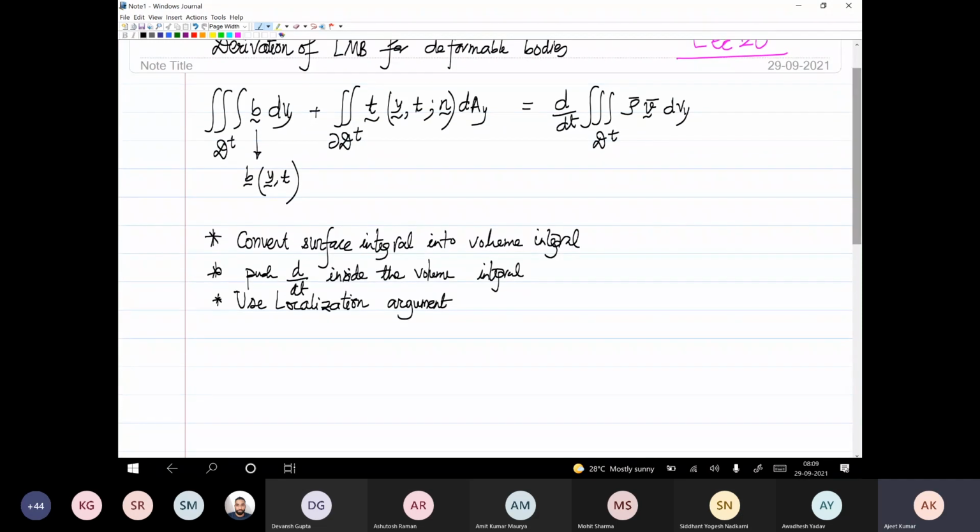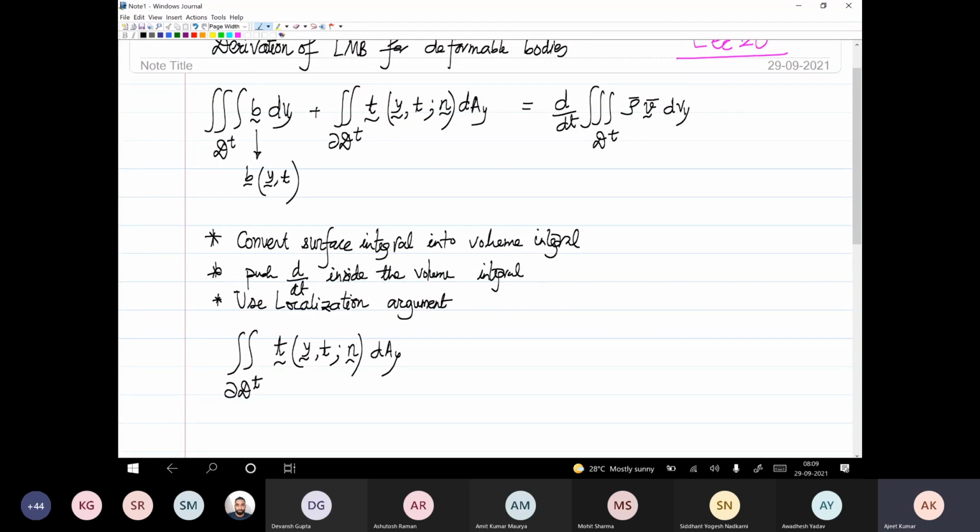The first one obviously is the surface integral conversion to a volume integral. And can you guys think of what we should do here? How is a surface to volume integral conversion done? Yes, anyone? How can we achieve that? Gauss divergence theorem, right? So this is what we have to do.